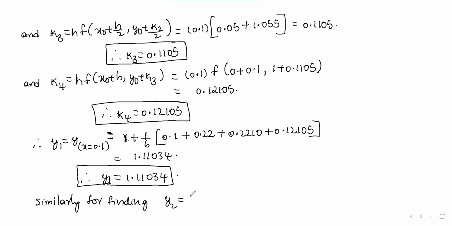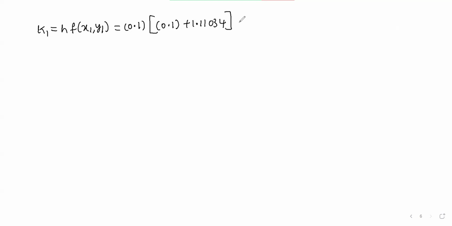Similarly, for finding y2, y2 అంటే y at x 0.2 దగ్గర, same procedure apply చేస్తే we get. మరలా ఏం కనుక్కోవాలి, k1 is equal to h into f of x1 comma y1 వేయాలి. ఈసారి x0 y0 కాదు, x1 comma y1, that is equal to 0.1 into 0.1 plus 1.11034.